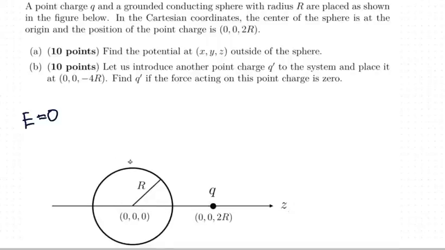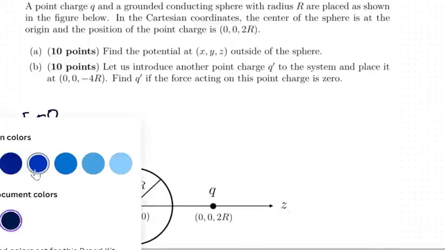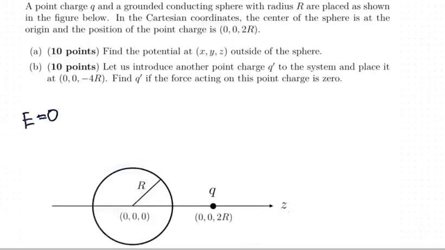So let's assume, let me pick another color, blue. Let's assume the image charge is placed somewhere here. I have Q prime. But remember, this charge must be negative because this one is positive. If this charge is negative, then it's expected to cancel out the field created by this.